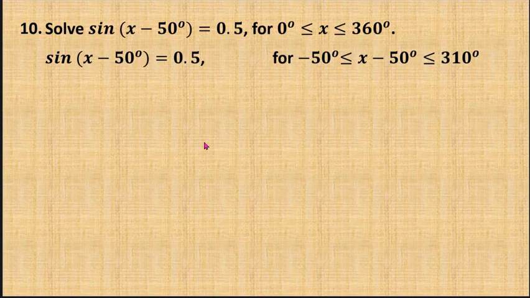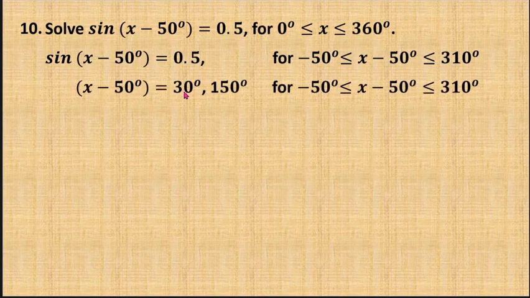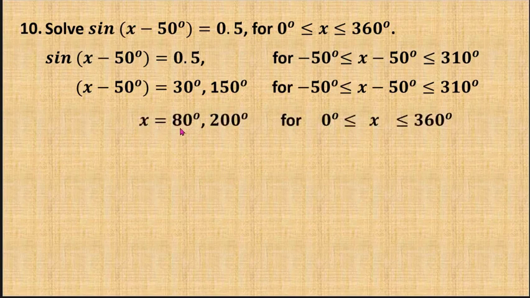So now, x minus 50 is equal to 30 and 150, which is in the range of negative 50 to 310. Now, to get the values of x, all the values here must be added 50 degrees, so that x is 80 and 200, which is in the range from 0 to 360.